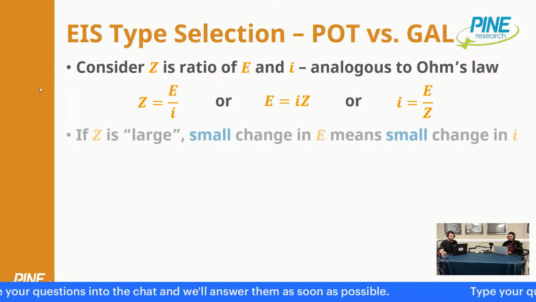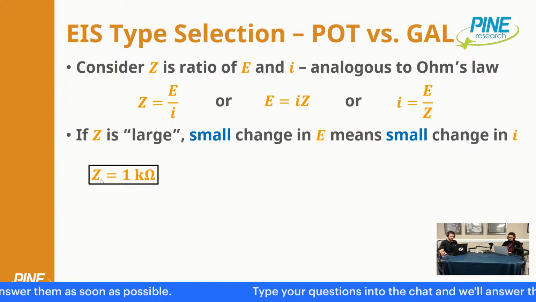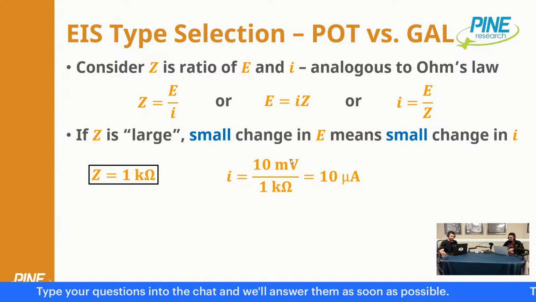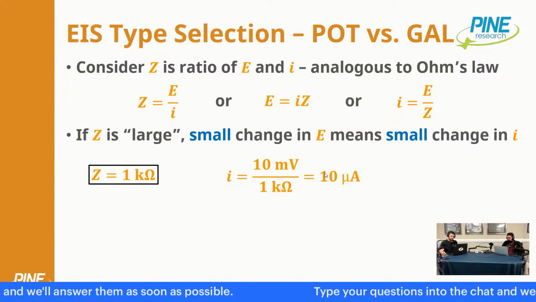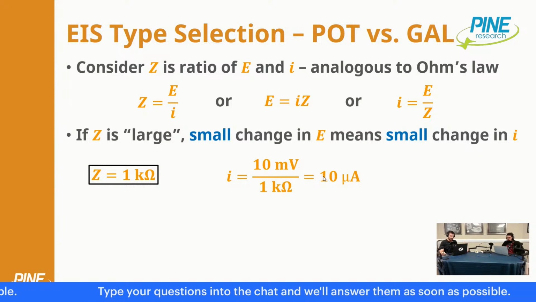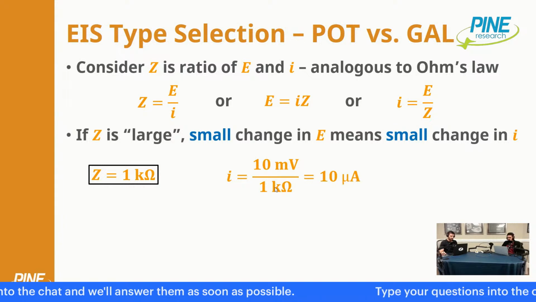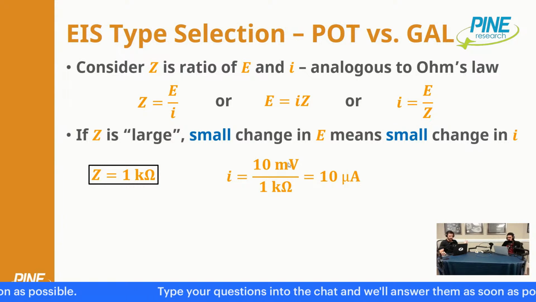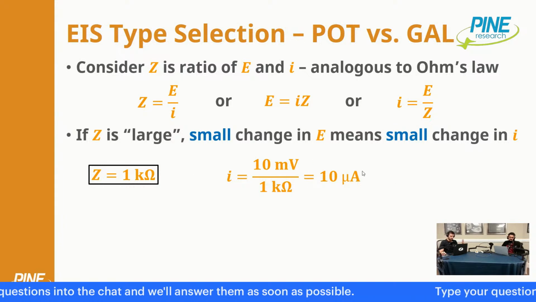If the impedance of your system is 1 kilo ohm, a 10 millivolt amplitude means 10 microamps. Alternatively, in a galvanostatic situation, if I choose 10 microamps over 1 kilo ohm, I'm going to get 10 millivolts of potential up and down. So either direction, you could think about it that way. That was all I wanted to show you, basically just Ohm's law.